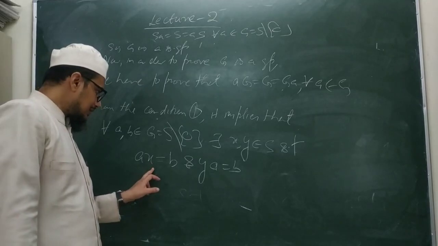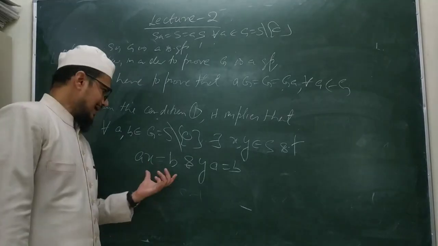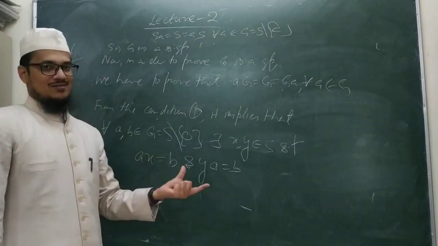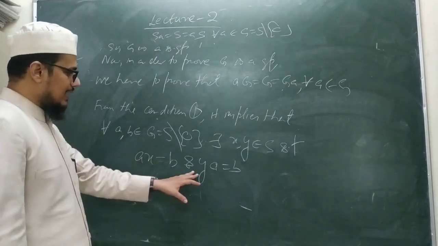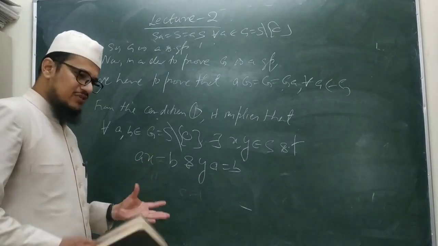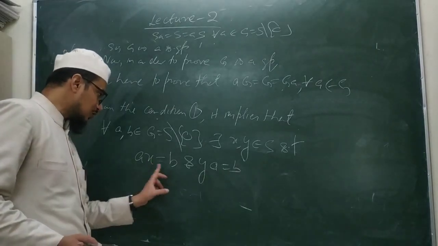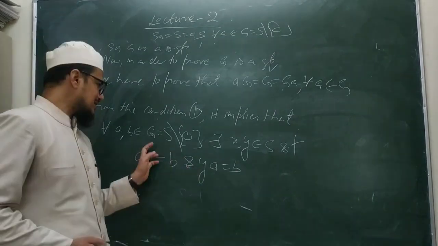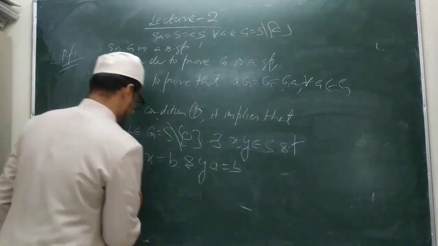But think about this. Think about X and Y. X and Y belongs to G or not? Question is that. See, here X and Y, think that can it be 0? No, it can't be 0, because if X and Y are 0, you will get B as 0, and you have taken B as non-zero, B as a member of G. So here X and Y cannot be 0.